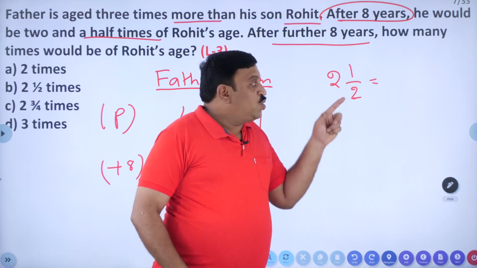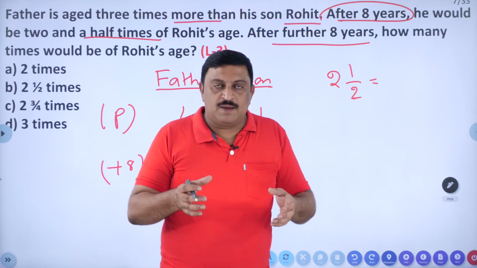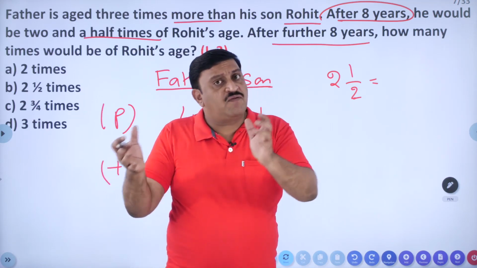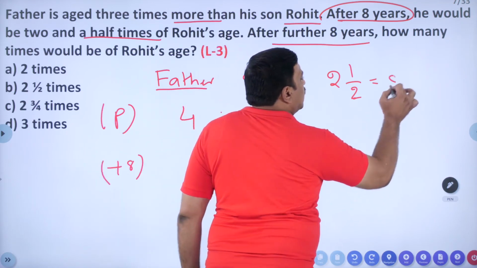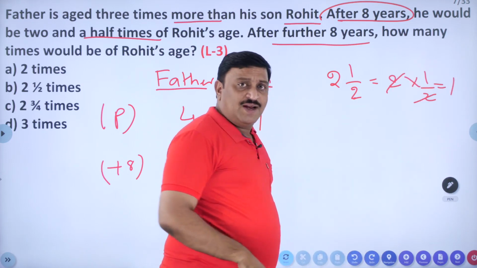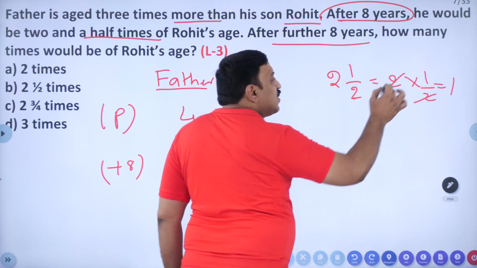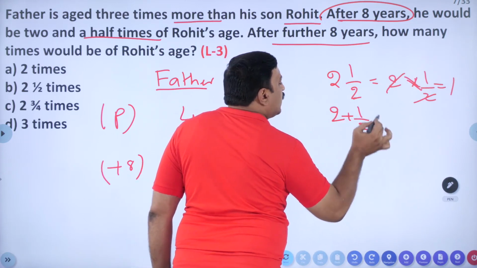No. 2.5 liter milk. 2.5 liter milk means, is it 2 plus half liter or 2 into half? If it is 2 into half, what happens? That cancels to 1 liter. No. Right? So it is not into, it is plus. 2 plus half liter. Okay.